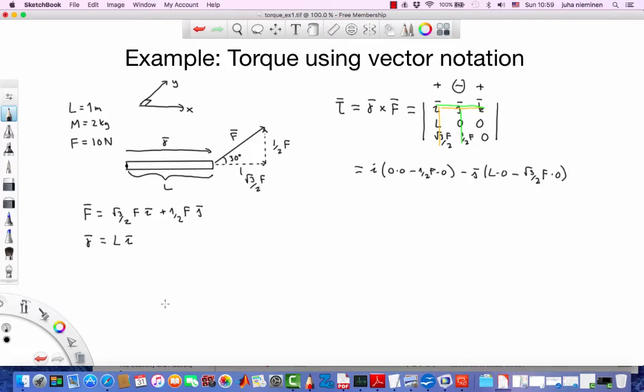So nothing in the j direction either. And then finally we have the k direction, so we block this column and this row, and now we should have something left. Let's make this clear. We are only evaluating in this case the determinant of these 4 elements.